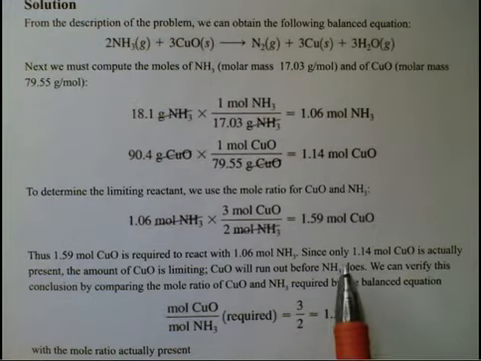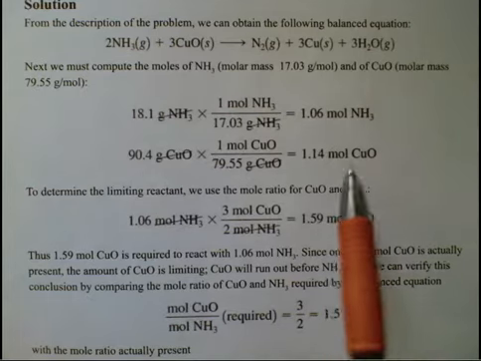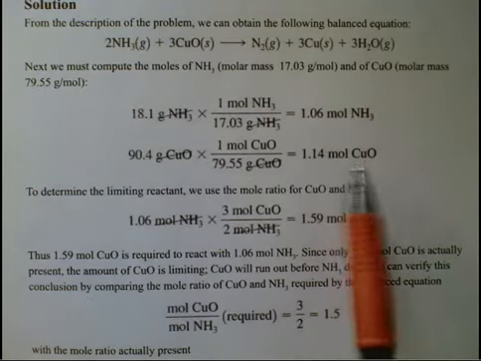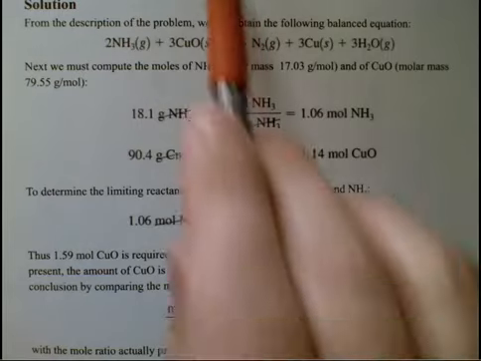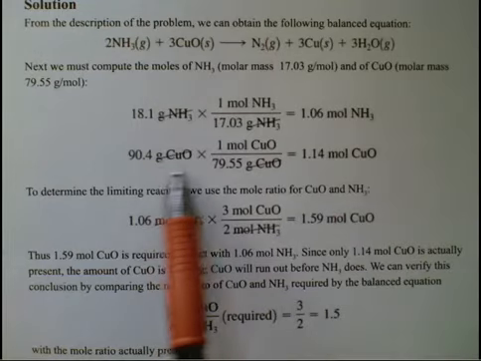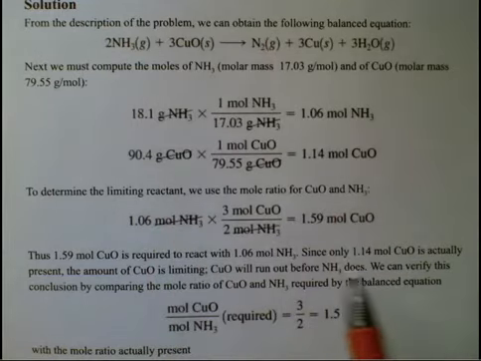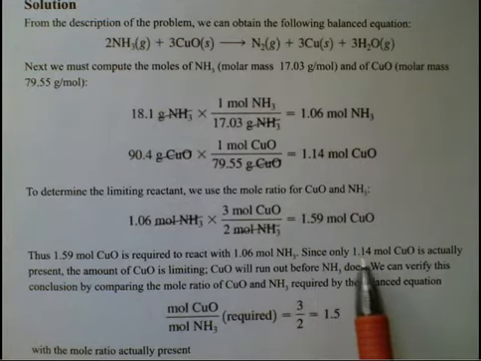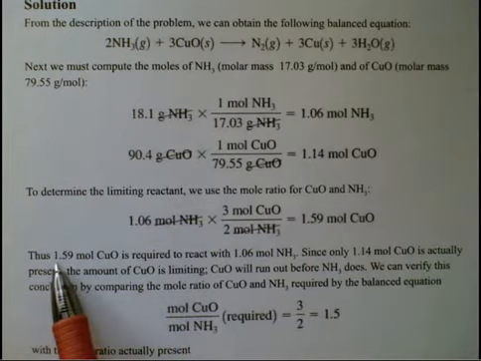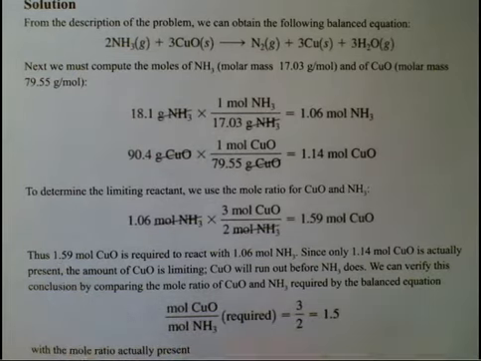Since only 1.14 moles of copper(II) oxide is actually present, remember this is how much we have, given by the question, the 90.4 grams, and it's less than this 1.59. The amount of copper(II) oxide is therefore limiting. The copper(II) oxide will run out before the ammonia does.